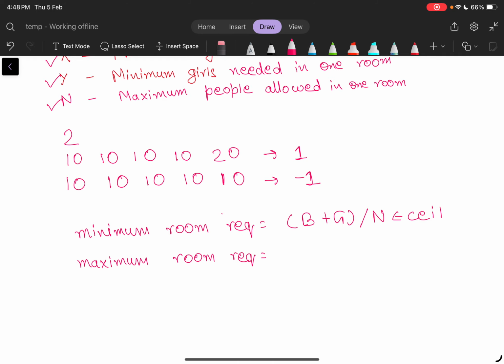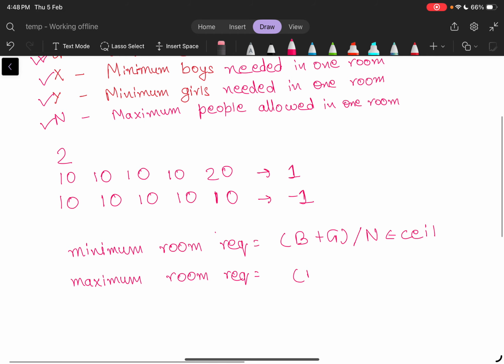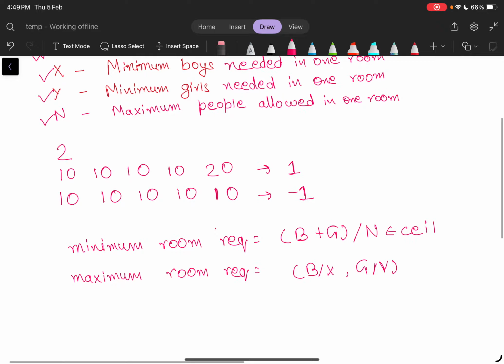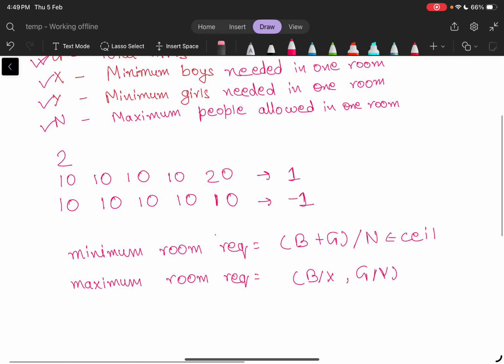The maximum room required will be the min of total boys count by X, comma, total girls count by Y. This gives the rooms in which all the boys can be accommodated with at least X boys each, and the rooms in which all the girls can be accommodated.